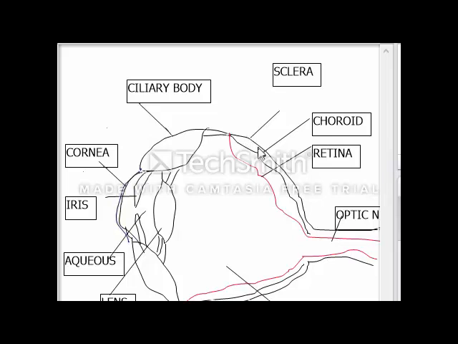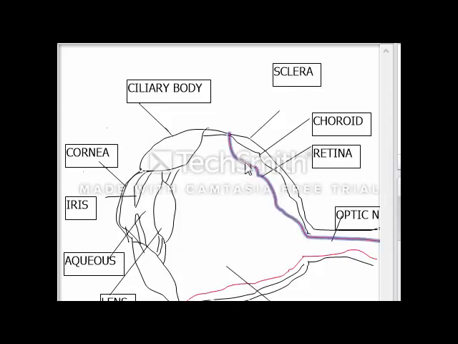Then we have the middle layer that is called the uveal tract. The uveal tract consists of the choroid, the ciliary body, and the iris. They contain highly vascularized blood vessels, and they normally function in nourishing the eye. The inner layer is called the retina.